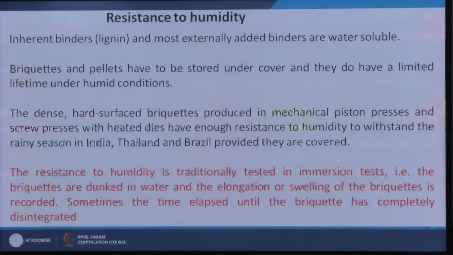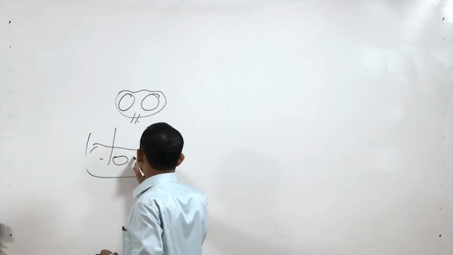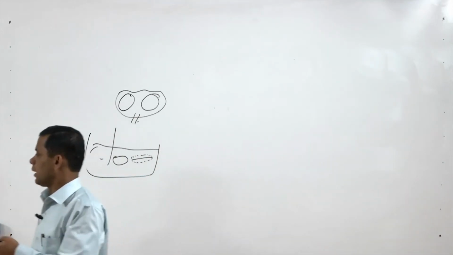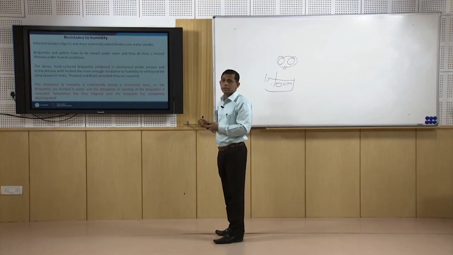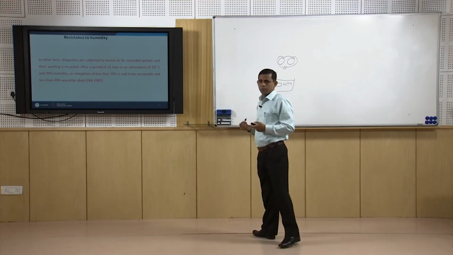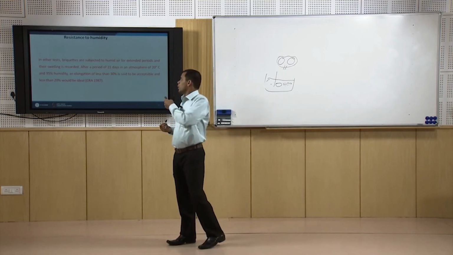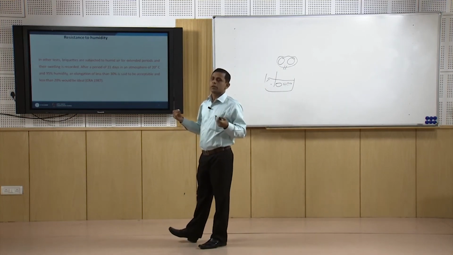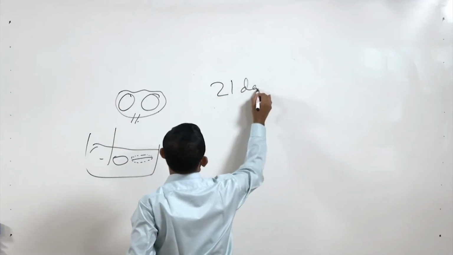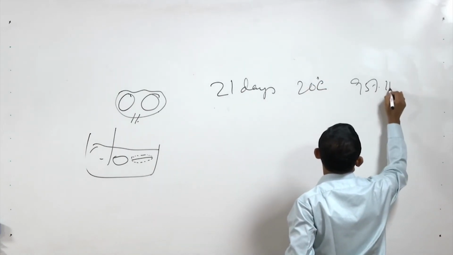If we dunk some briquettes in water, after certain times they elongate. This way we can quantify how much elongation has taken place after how much time, and so quantify the resistance to humidity. Alternatively, we can keep the briquettes in humid air for a prolonged time. One specification is 21 days at 20 degrees centigrade at 95% humidity.